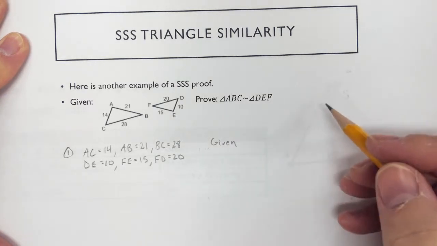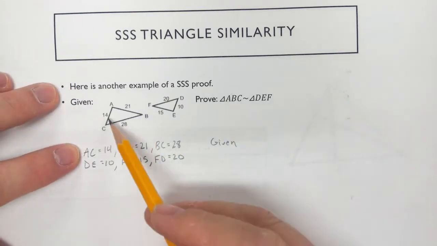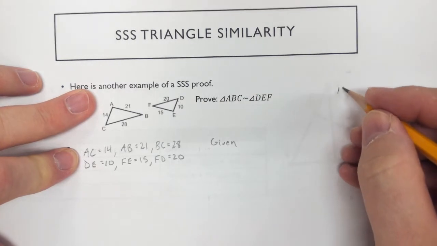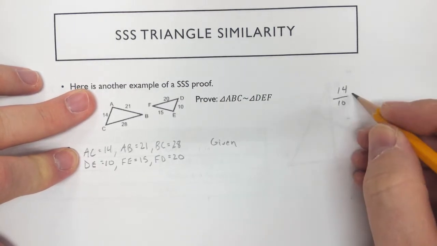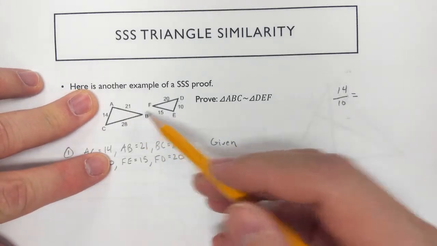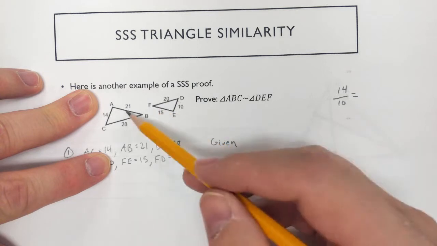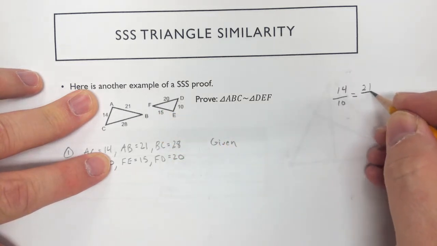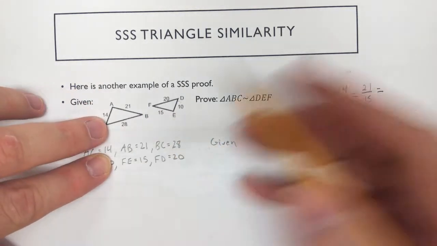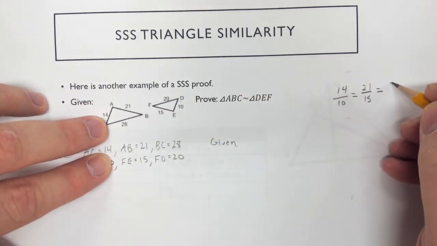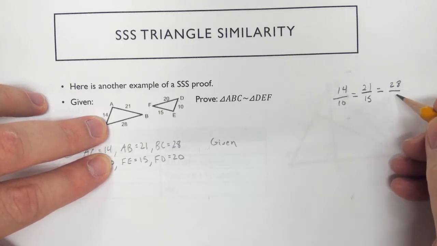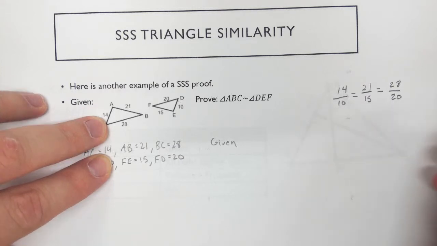Now, off here to the side, I'm just going to do a little bit of work. I know that AC corresponds to DE, so I'm going to do 14 over 10. And the question I'm asking is, is that equal to AB over FE, the two that correspond? And then is that equal to BC, which is 28, over FD, which is 20?